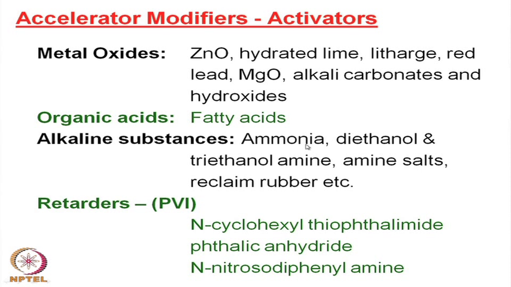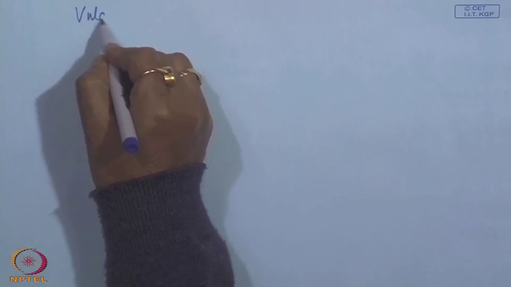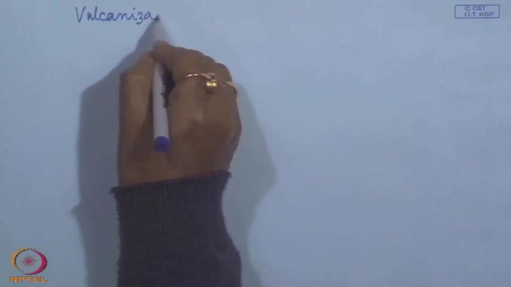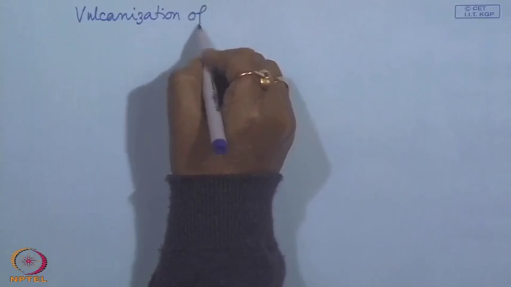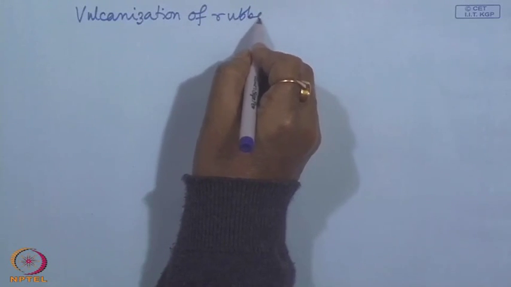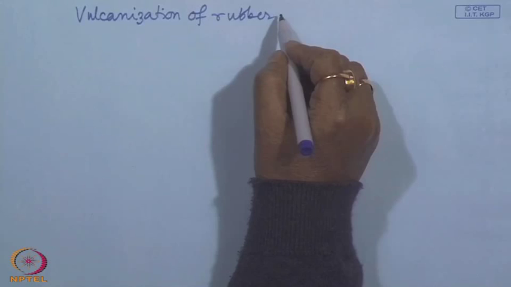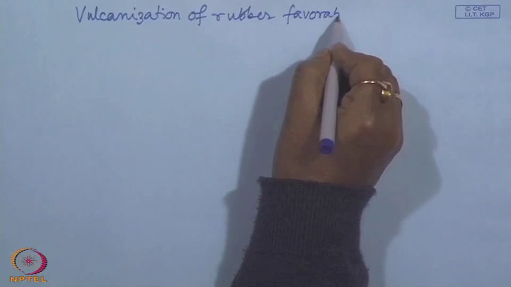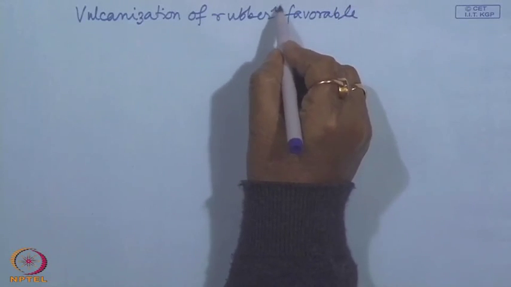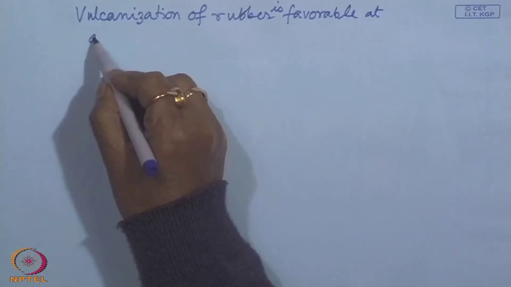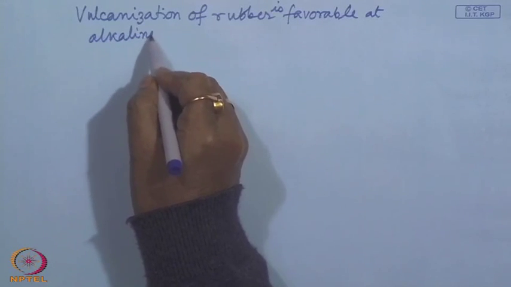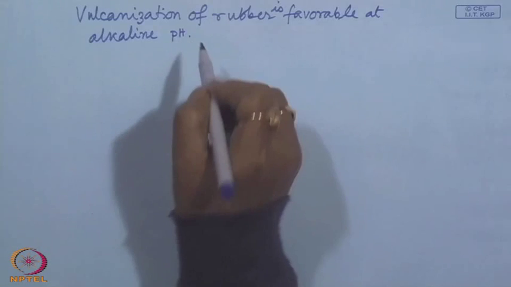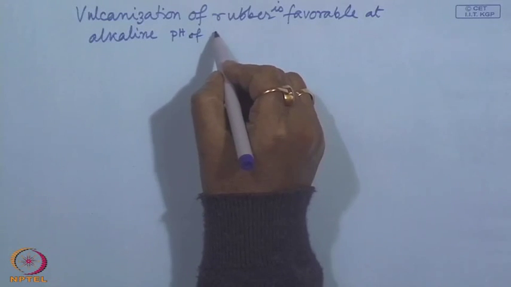One thing should be known at this point: the vulcanization reaction is favorable at alkaline pH of the rubber compound.